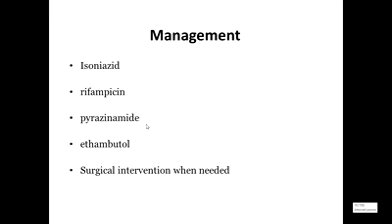So what is the 4-drug regimen: INH, rifampicin, PZA, ethambutol. You start with 4 drugs for 3 months. After 3 months, you switch off PZA, pyrazinamide, and then continue with the rest of the 3 drugs for another 9 months.